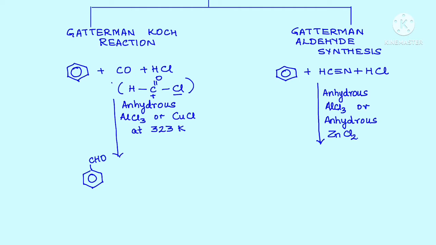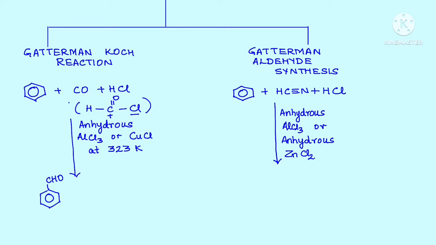In Gattermann aldehyde synthesis, what we've got is we are taking HC triple bond N, that is hydrogen cyanide, and HCl. Of course, they will first form an addition product and then we carry out the reaction with benzene. Again, anhydrous AlCl3, again a modified Friedel-Crafts reaction.